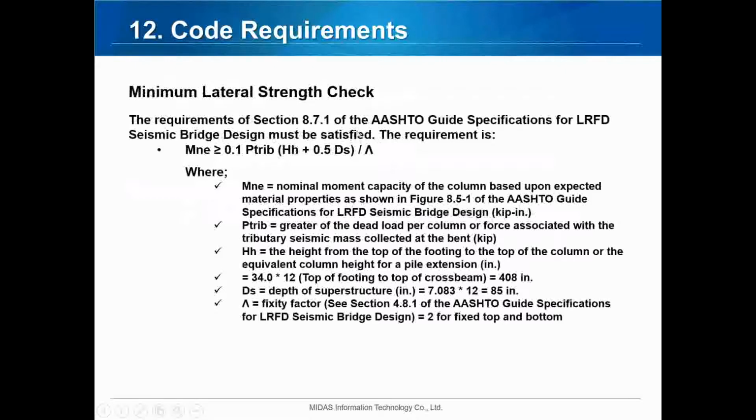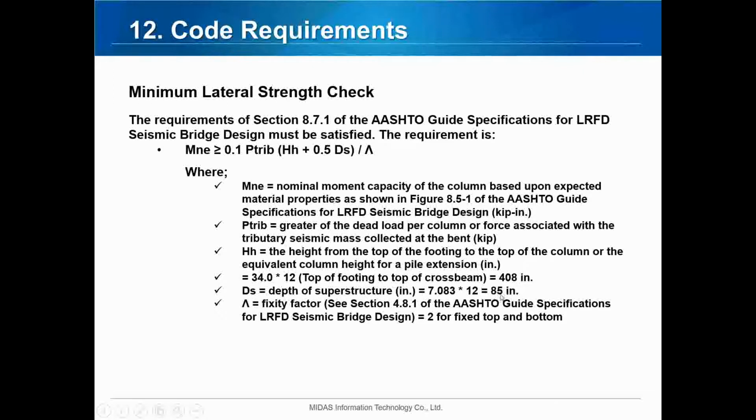The other code requirement check that we made was based on section 8.7.1. In that one, we needed to satisfy that the normal moment capacity of the column, based on the material properties, had to be greater than 10% of the dead load of the column force associated with the tributary seismic mass collected at the bent, multiplied by the height from the top of the footing to the top of the column, which was about 408 inches, plus 0.5 times the depth of the superstructure.